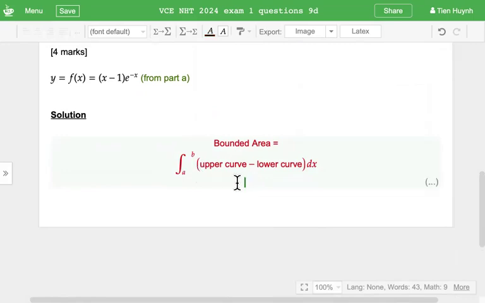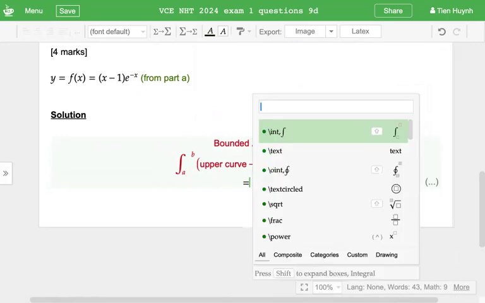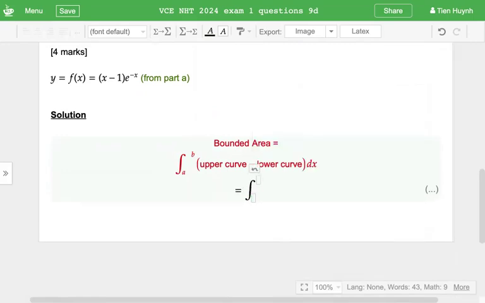So the curve that we need to evaluate is the integration from 1 to 3, and it would be the upper curve minus the lower curve.